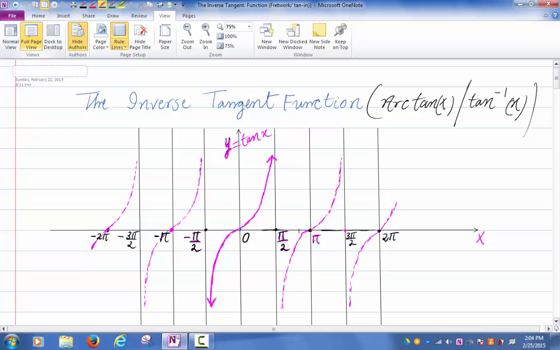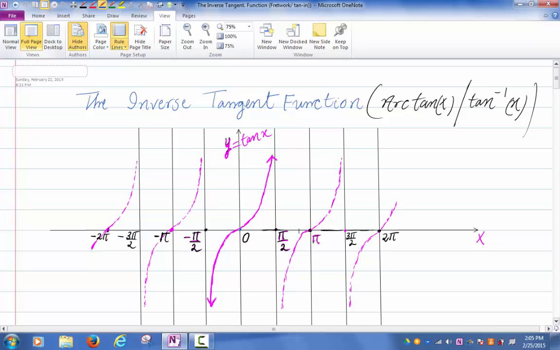It's all real numbers except for what points? Multiples of π/2, but is it all multiples of π/2? Odd multiples or even multiples? Odd multiples. Except for the odd multiples of π/2, tangent is defined at any real number. Now, that's the graph of tangent.